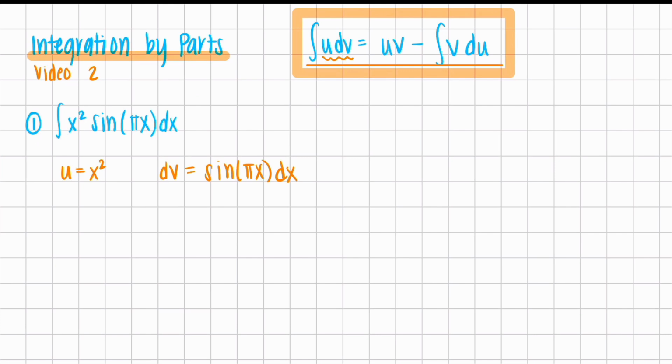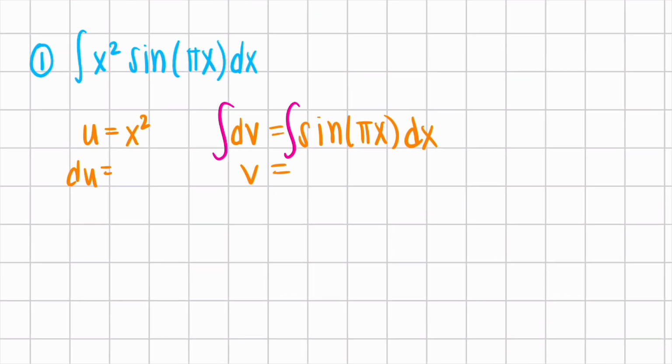Now, in the right side of my integration by parts formula, I have u, so we've said u is x squared, but I need v, which means I need to integrate both sides of my dv formula to give me v. In the formula, I also need du, which means I need to take the derivative of both sides of my u equation. So let's do that next.